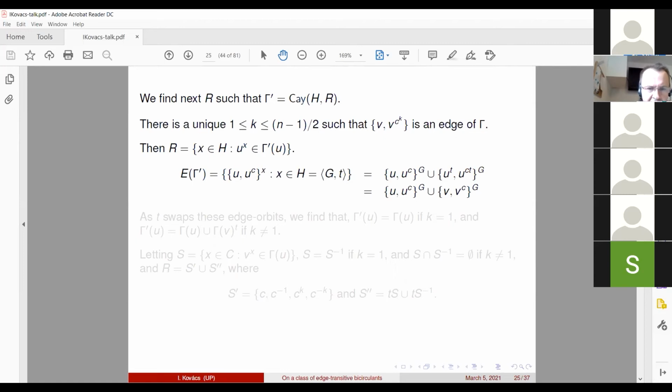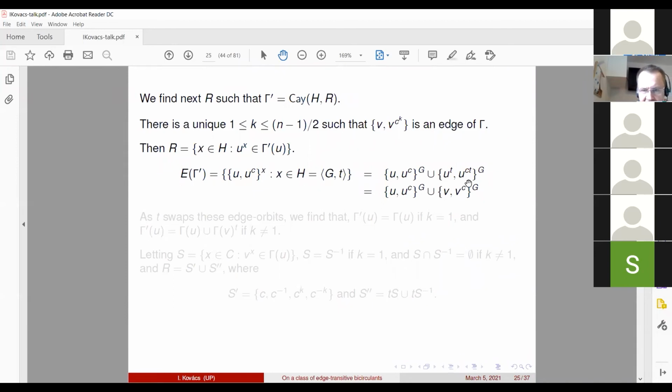Now, it's known how to find a connection set. If you know the regular subgroup, the connection set contains all group elements of H which map U to a neighbor. Now, the H set of this new graph is just an H orbit of this direct product group, but in fact, this H set is split into two G orbits: the G orbit of UC and the G orbit of VC.